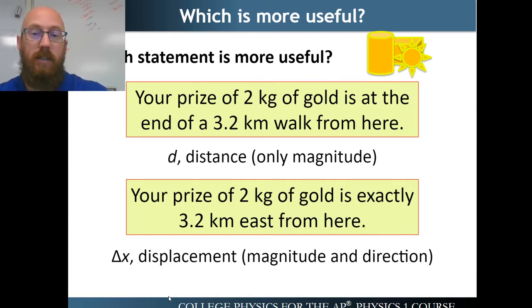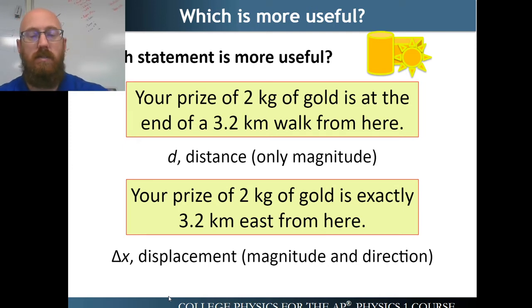So, they use this example. Your prize is 2 kilograms of gold at the end of a 3.2 kilometer walk from here. Yes? That's one option. The second option is your prize of 2 kilograms is exactly 3.2 kilometers east from here. The problem with the first example is you could walk all over, you could walk through Nova Scotia and come back.